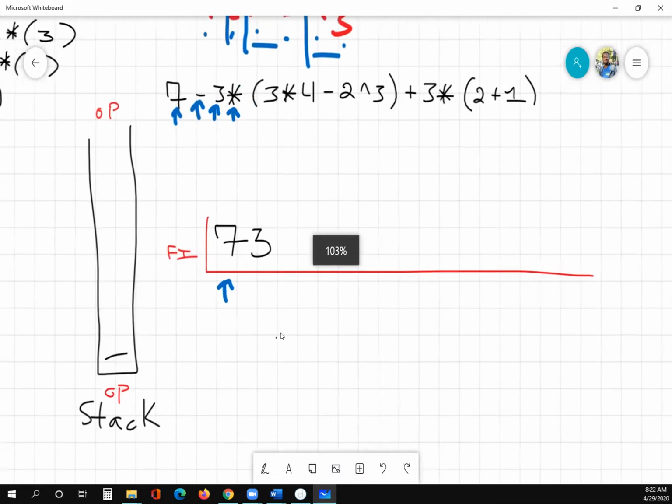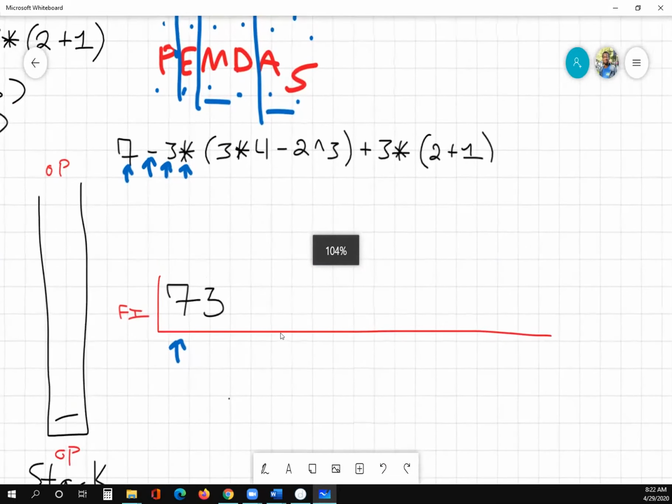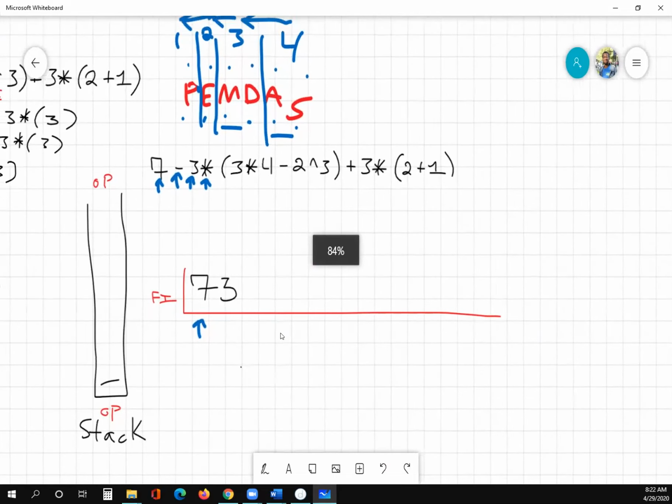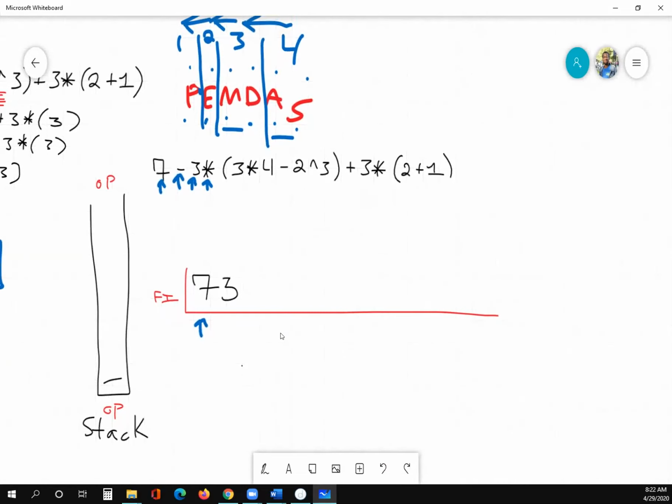Now, we're going to go ahead and pop the multiplication now into the stack, since I explained that to you. We all understand that. Multiplication is higher than addition and subtraction. So we're good. That means we could continue.